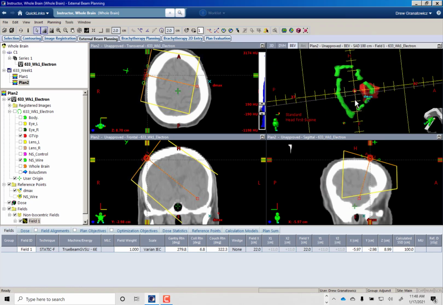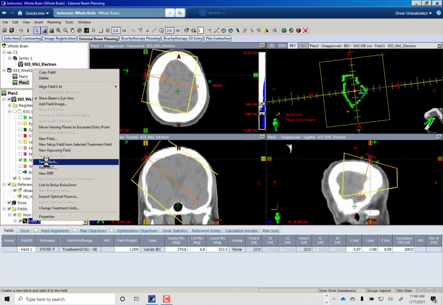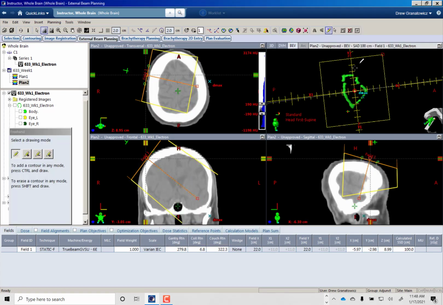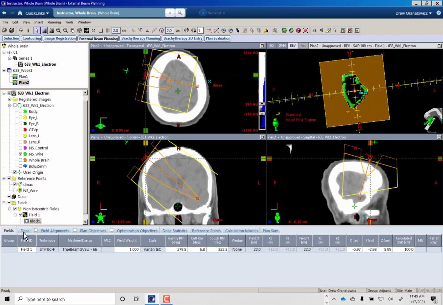So in this case, we're going to add a block and just manually draw it. We're just going to surround our wire, like that.